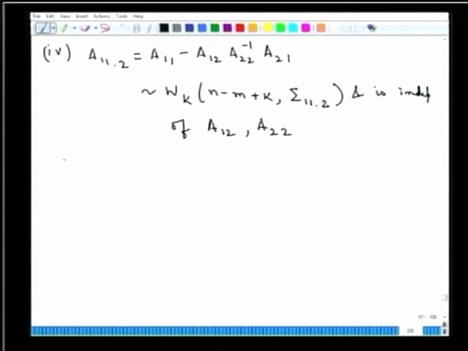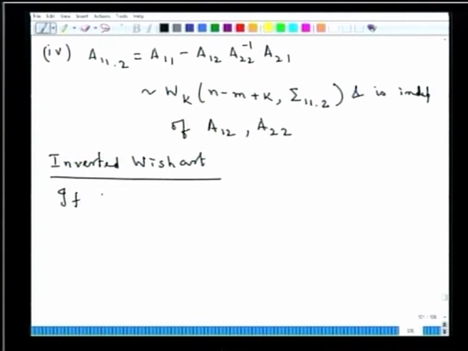Now the next important concept that we are going to introduce is the inverted Wishart. The definition of the inverted Wishart is simple and would eventually lead us to Hotelling's T-squared distribution.